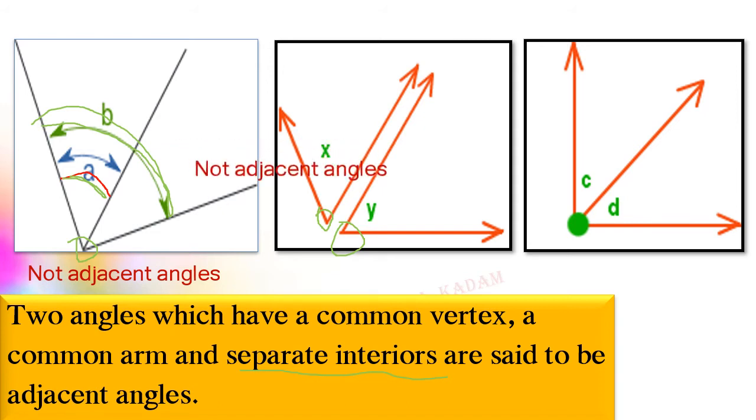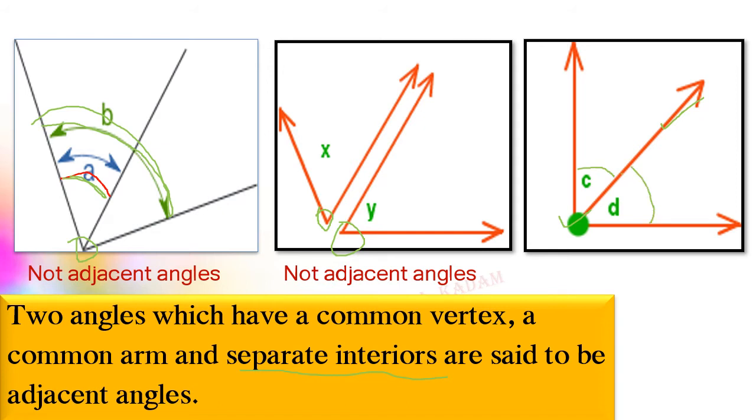Therefore these two angles are also not adjacent angles. And angle C and angle D, they have a common vertex, they have a common arm and their interiors, here angle C and this is angle D, their interiors are separate, therefore these are adjacent angles. Okay, these are adjacent angles.